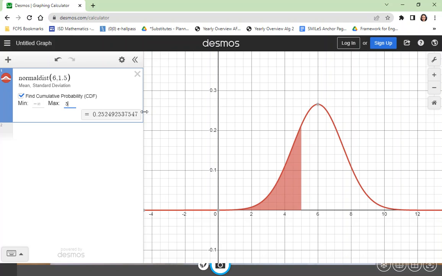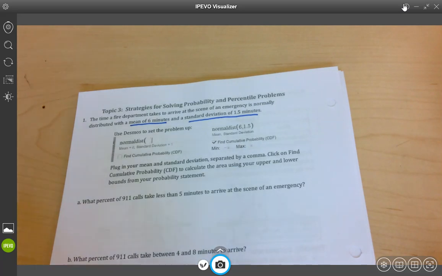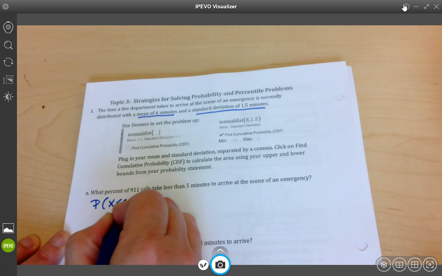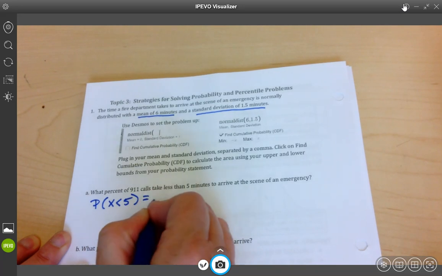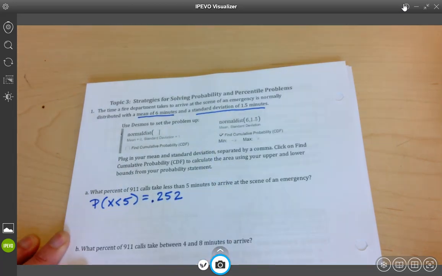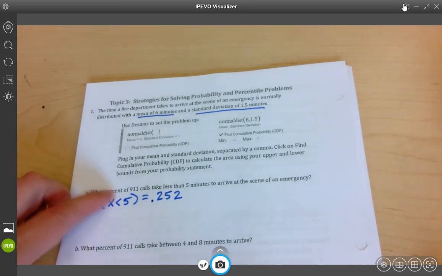So on our paper, we're going to write a probability statement because we haven't had a lot of practice with that. And let me show you how to do that. We're going to write the probability that x is less than 5 is 0.25. It was 252, right? Okay, 0.252. And then we're going to use that probability statement to make a statement about the percent.